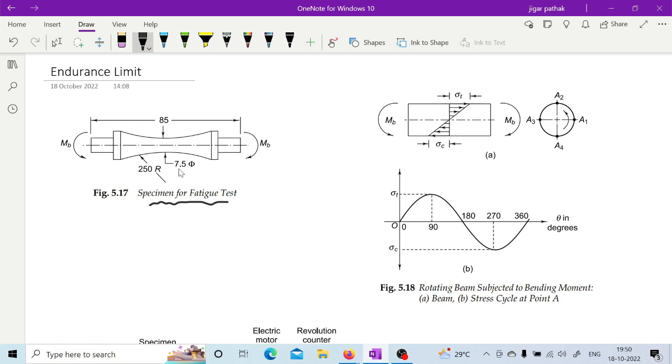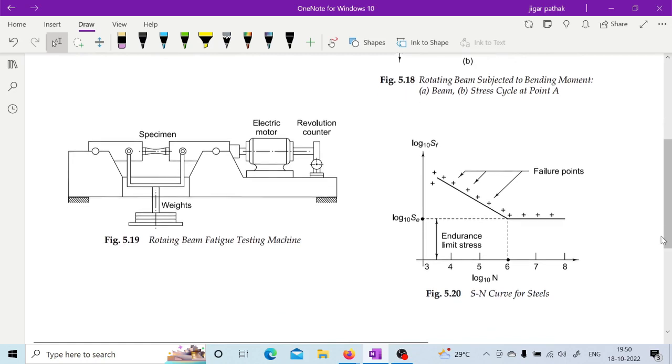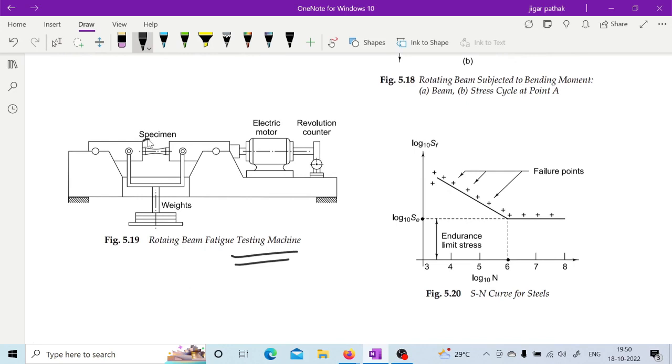Once you prepare this kind of specimen, it is going to undergo continuous rotation with the help of an electric motor. Basically that component will be loaded on this testing machine, right? As you can see, this is the specimen which we have seen in that figure. That specimen is going to be loaded on this rotating beam fatigue testing machine. So here it will continuously undergo this rotation.